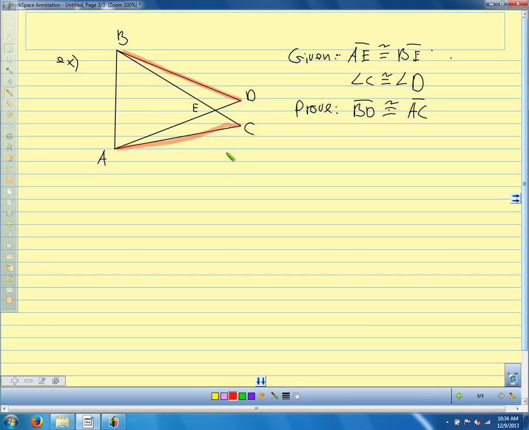We want to show that those two are congruent. Well, I'm just going to highlight these. I have segment AE is one thing that they talk about. And I have segment BE. And I have angle C and angle D.